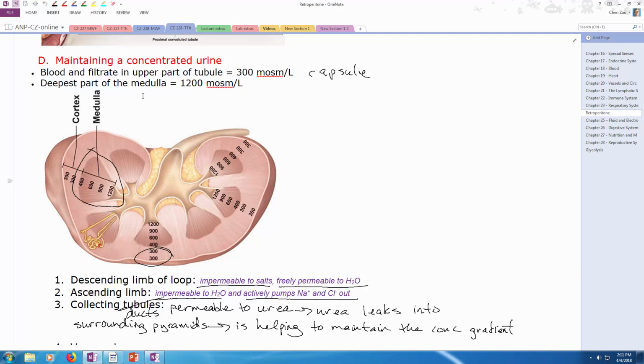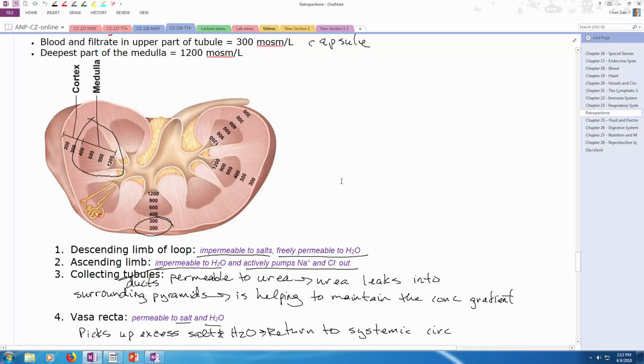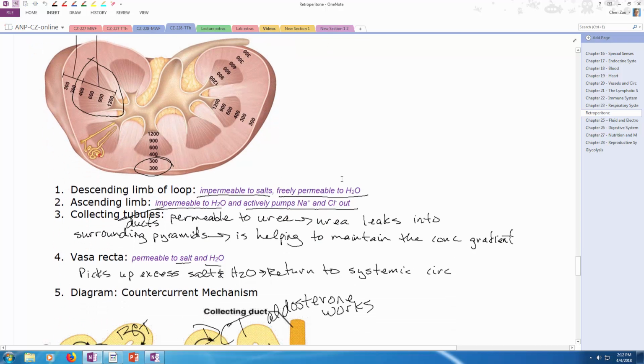And when we are in the deepest part of the medulla, around the papilla of that pyramid, we're at 1200 milliosmoles. So the higher the number, the more salty you are, or the higher the tonicity, so hypertonic. This is important because water movement is going to be very dependent upon this tonicity as we go through this.